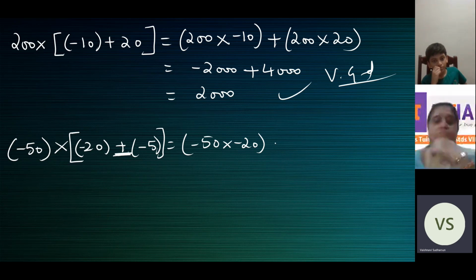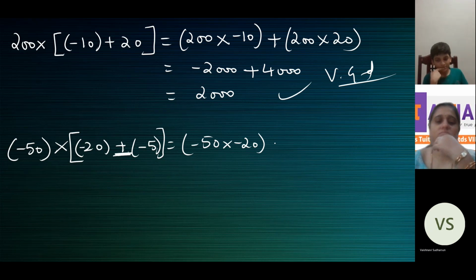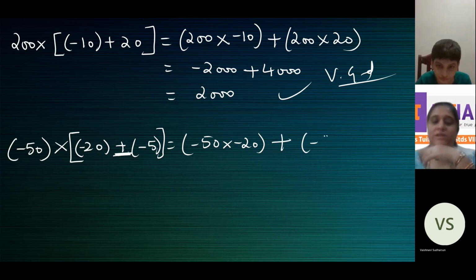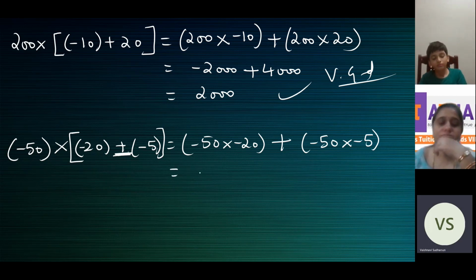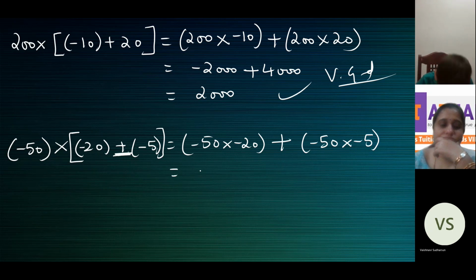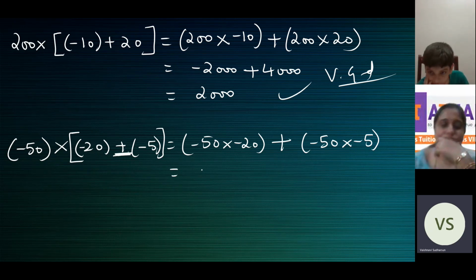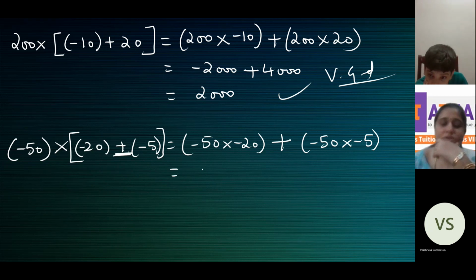Ma'am, I'm saying we should go one step at a time, ma'am. Minus 50 into minus 5, plus minus 50 into minus 5. Next. Minus 50 into minus 20 is... Ma'am, plus 100. Plus is correct, not 100.